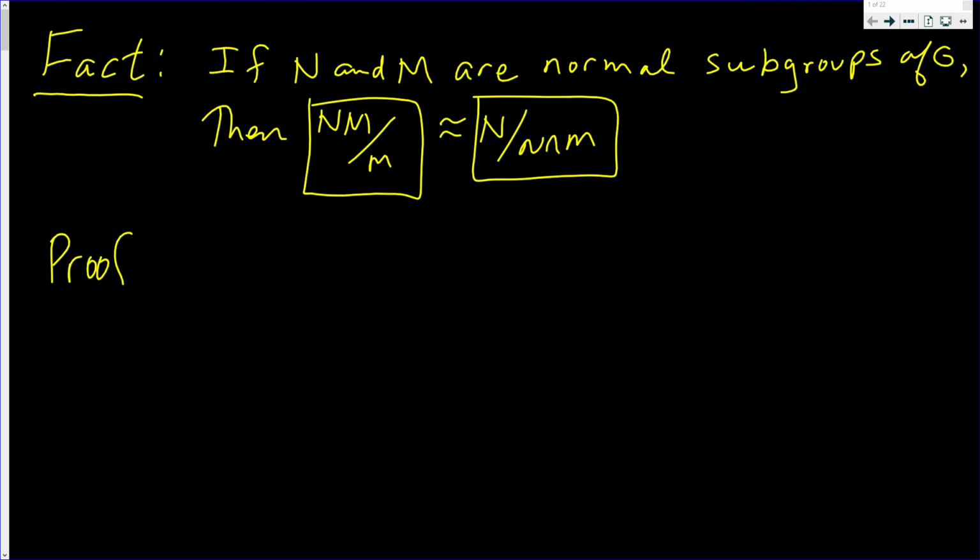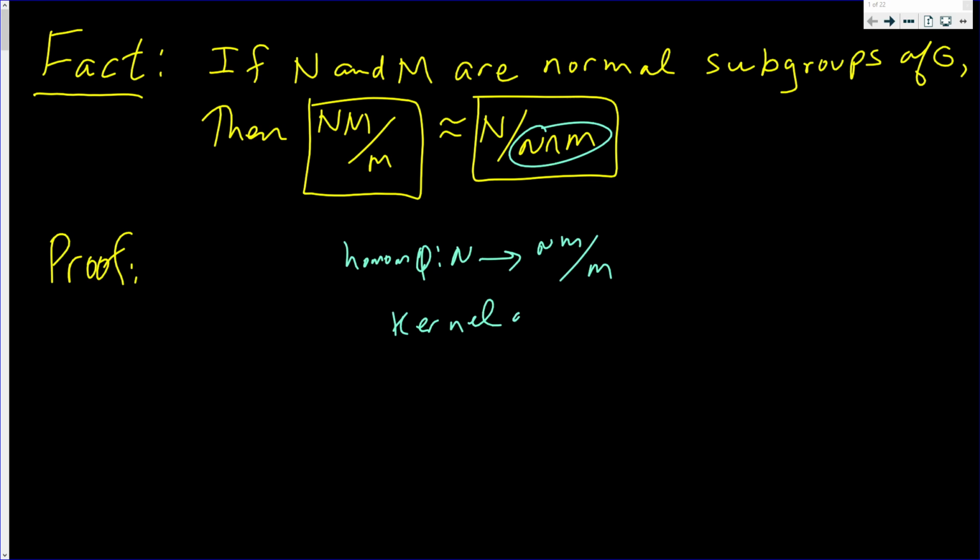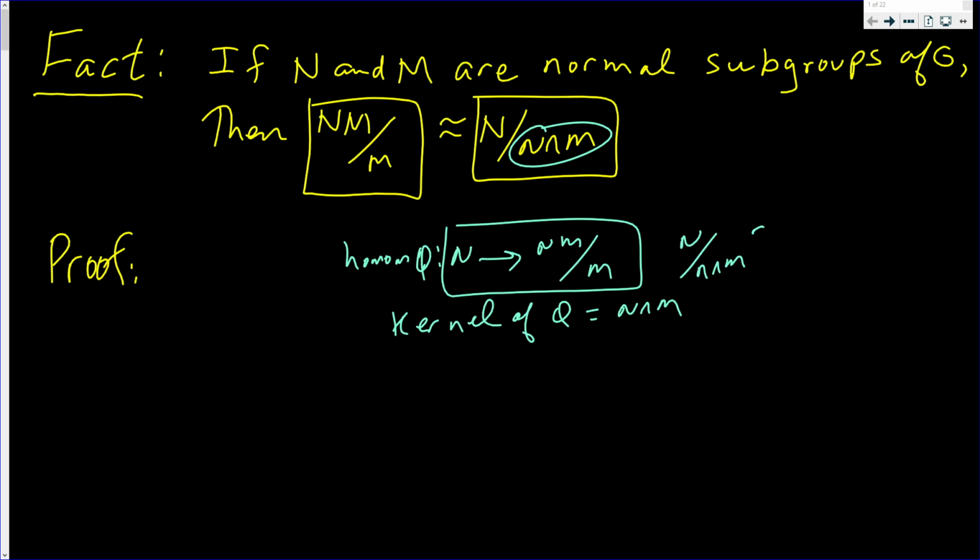Now when I look at a statement like this, I remember the following: if I can show a homomorphism from N to NM mod M, let's call the homomorphism phi, and then I can show that the kernel of the mapping phi is N intersect M, then what we have is N mod N intersect M is isomorphic to the right side.